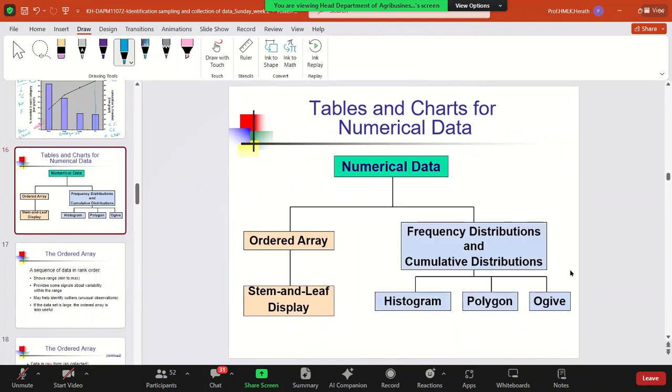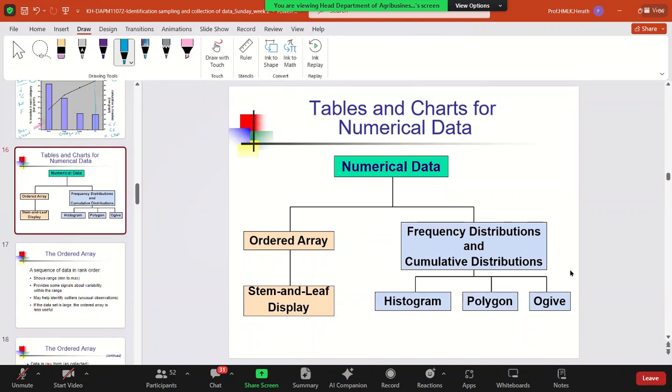So we have the ordered array and the stem and leaf display, to depict numerical data. We have frequency distributions and cumulative distributions, which are usually depicted by histograms, polygons, and ogives.